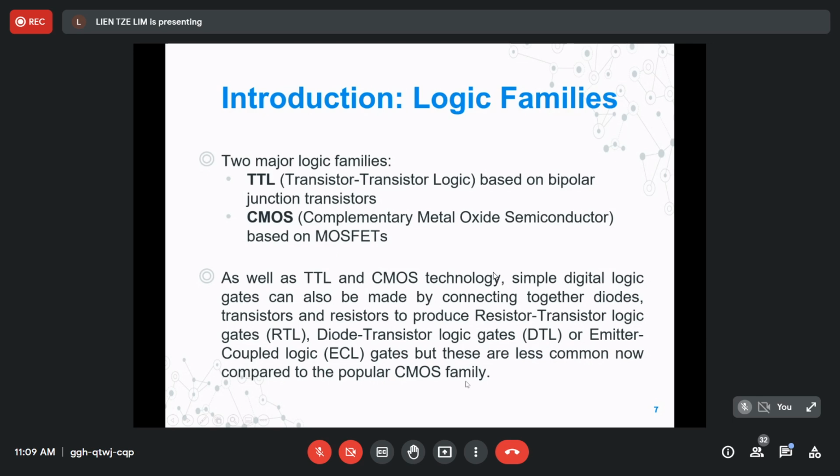So there are other types of logic gates, based on the components used to construct the circuit. All the logic circuits mentioned here will not be emphasized in this topic. These logic gates are less common, and the most popular is the CMOS.